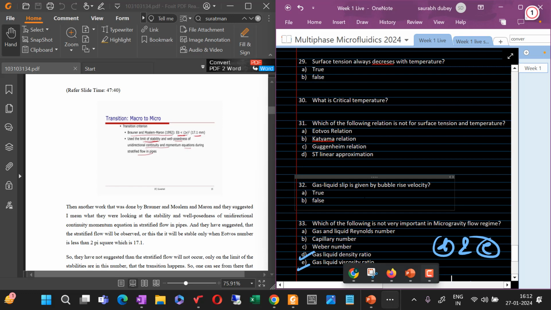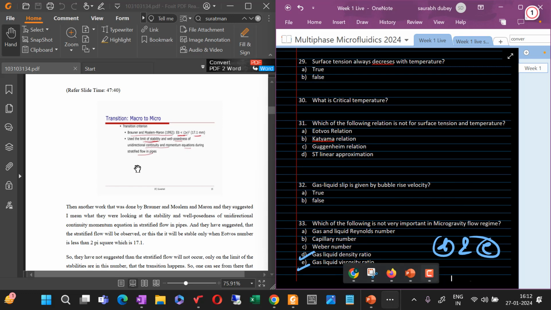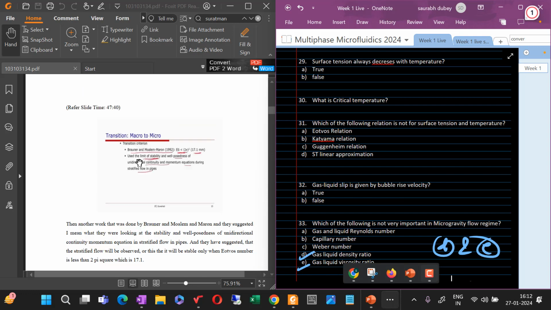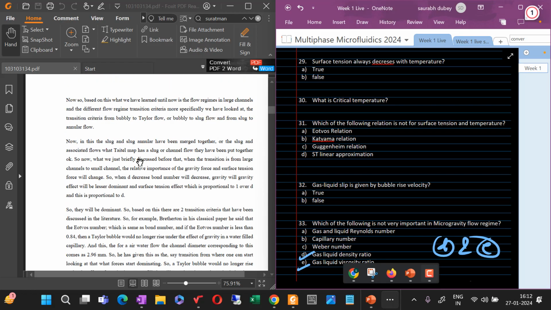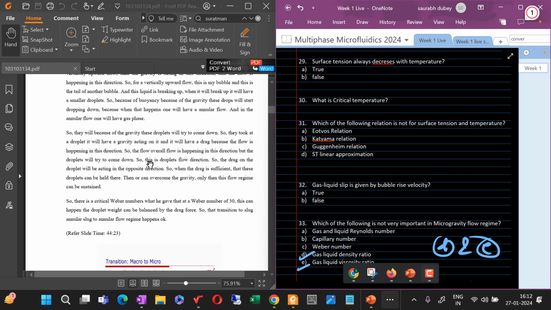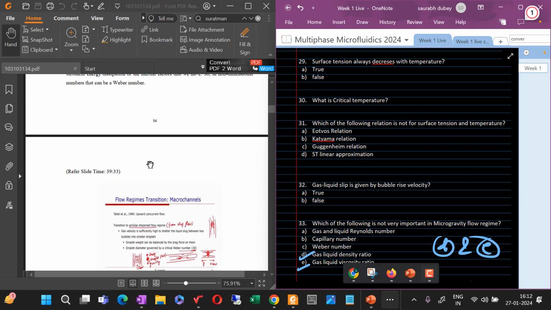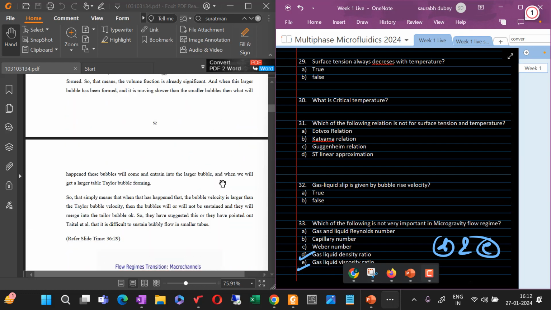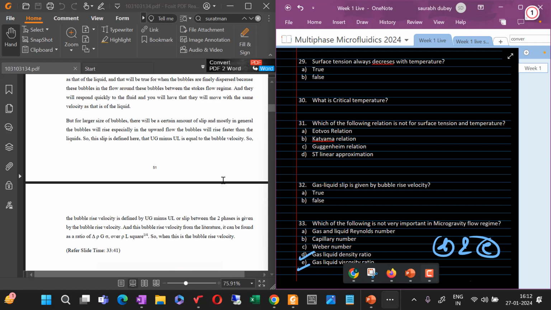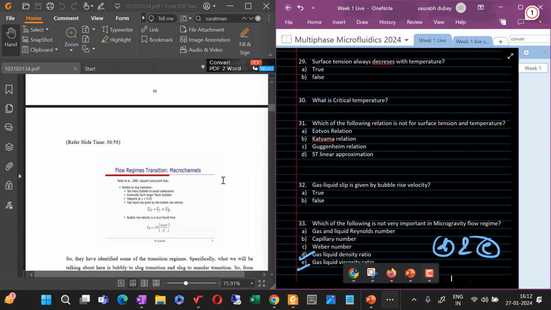So, gas liquid slip is given by bubble rise velocity. Is it right or wrong? It is again from a slide. There is the difference between the gas velocity and the liquid velocity.